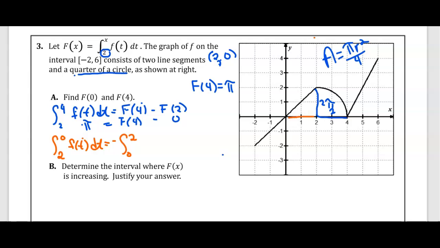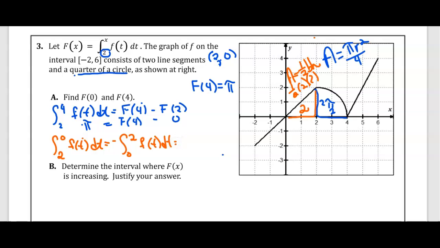Now, from 0 to 2, it is now a triangle. Yay, triangles. So I have 1/2 times base times height, 1/2 times 2 times 2, that this area is 2 right there. So f of t dt.